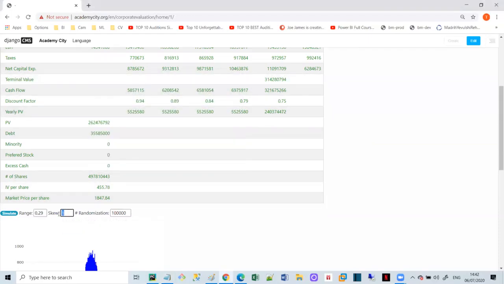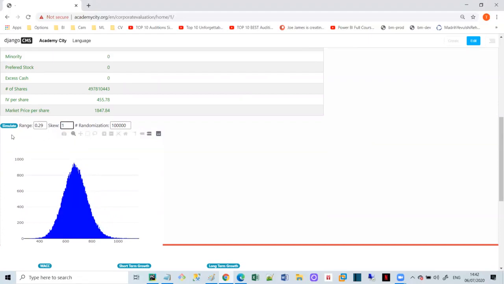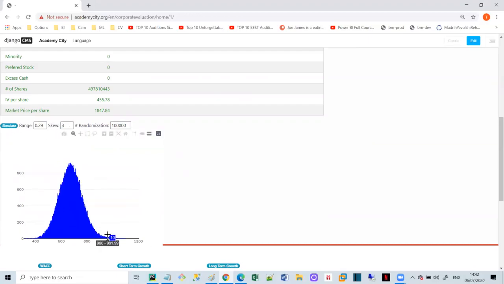So by choosing 3 here, I'm getting higher values, okay? That's why we got this one. We're getting higher values, okay? If I put 1 here, most likely I will get lower values. So this has helped me to show, even if I'm exaggerating to be optimistic, still I can't be so optimistic that the value will be 1800.